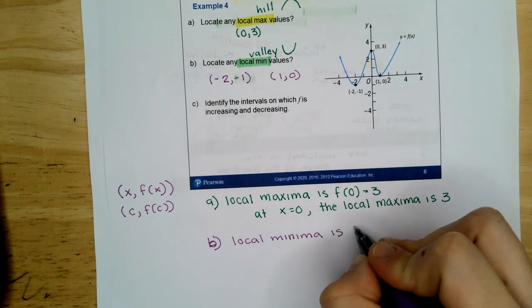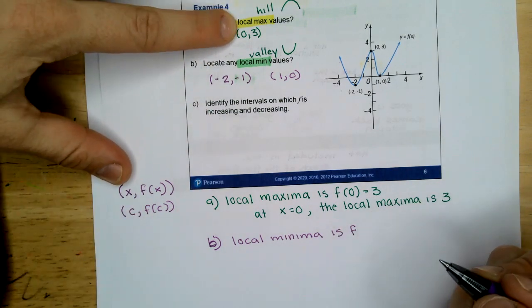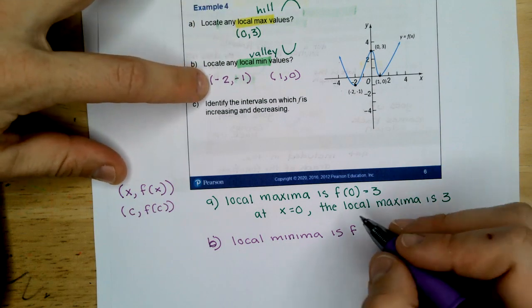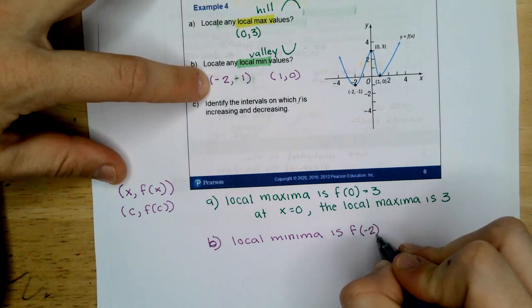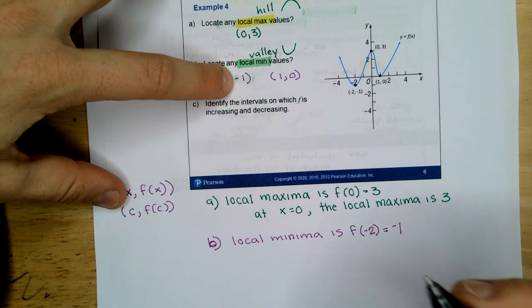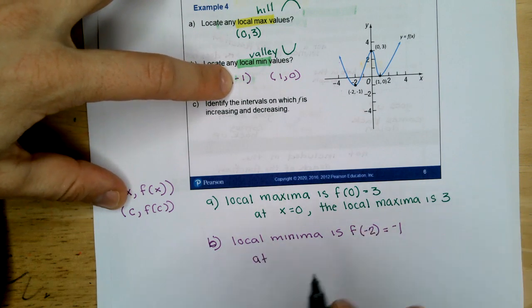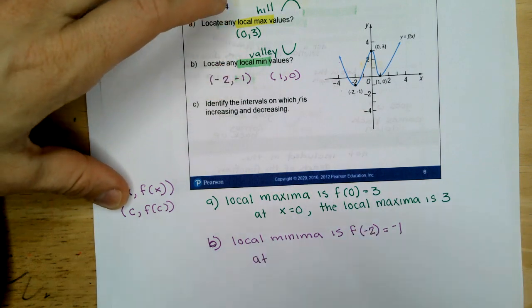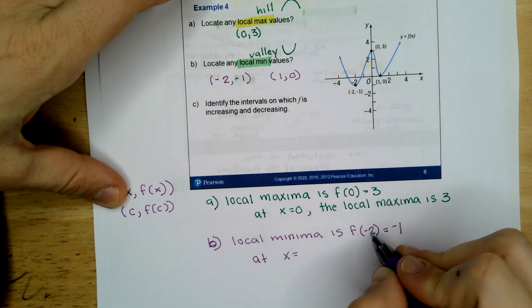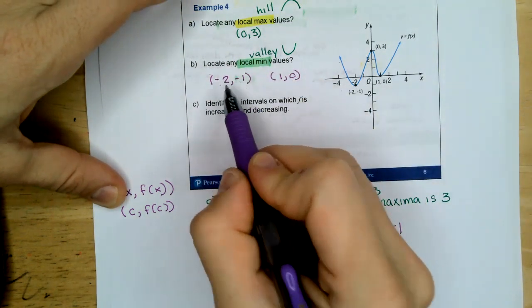Your first one is f of -2 is -1. f of x is y, okay? At x equals, which one's x? My -2 is x.